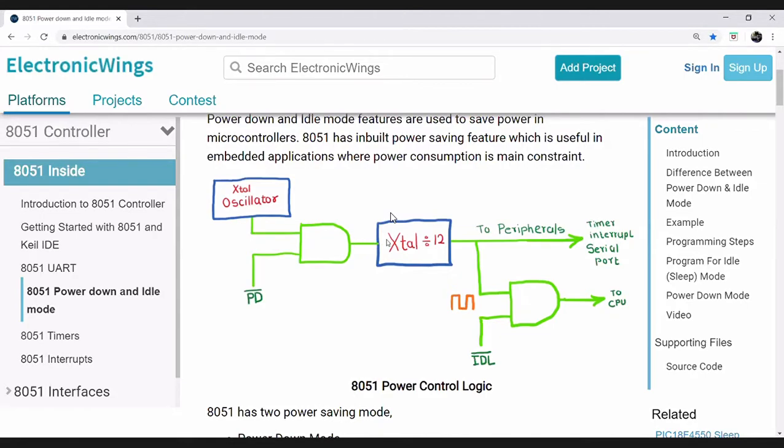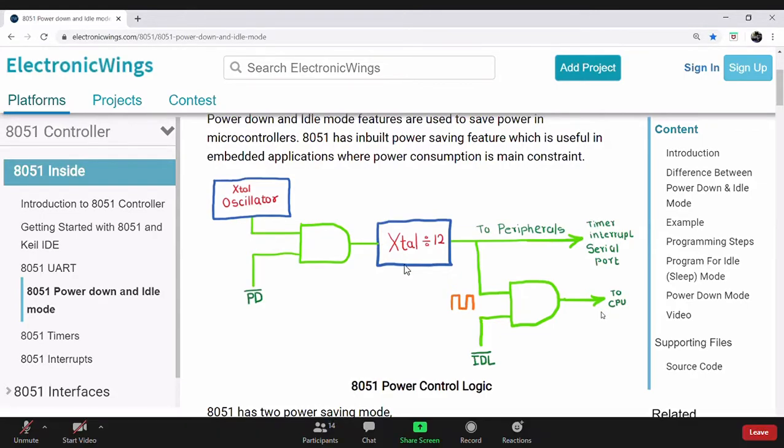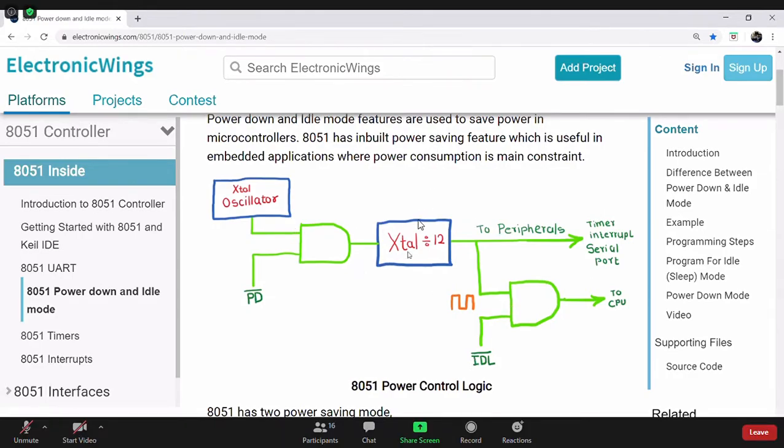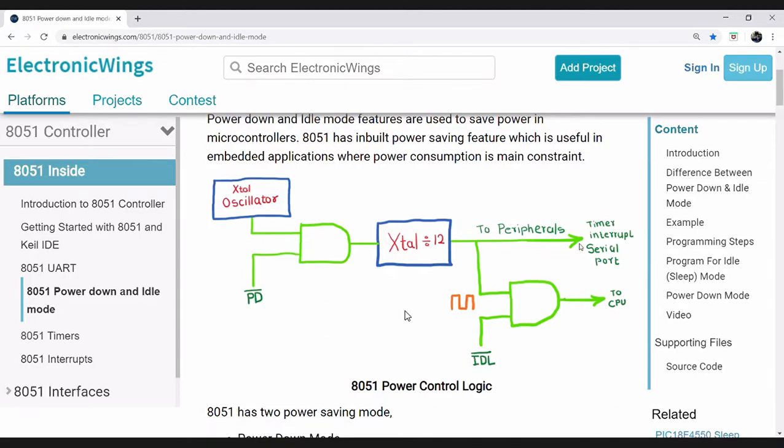That means there will be no effect on peripheral and CPU. But if the value here is 1, then that value will be ANDed with this value, so peripheral and CPU will get the frequency. Are you getting or not?